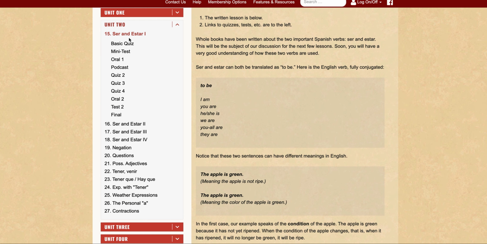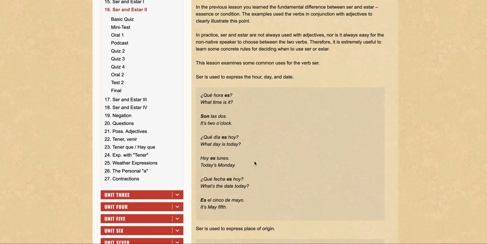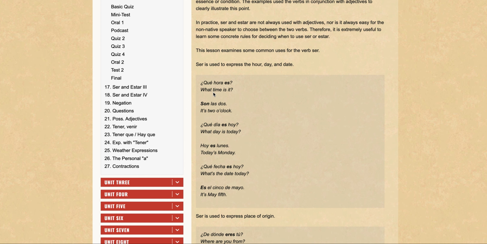So in this section we are basically seeing the different scenarios or situations where we can apply the said verb form. So that it can be used to express the time.